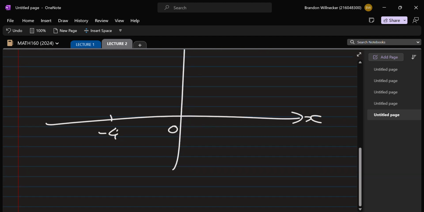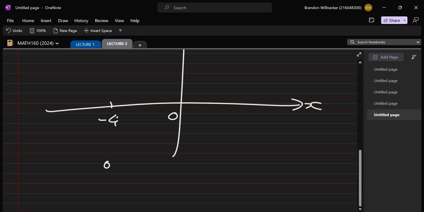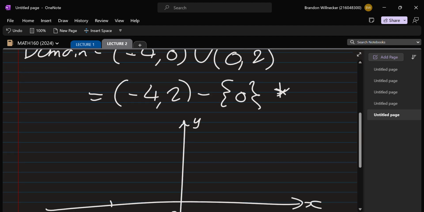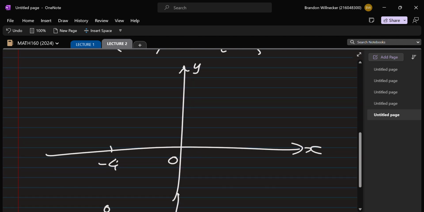-4, good. So at -4 here, we can put an open circle. Why open circle? Well, because the function is not defined at -4. But that's what it would be if it was defined. So we can put an open circle. Okay, what about 0? 4. At 0, it will be 4.